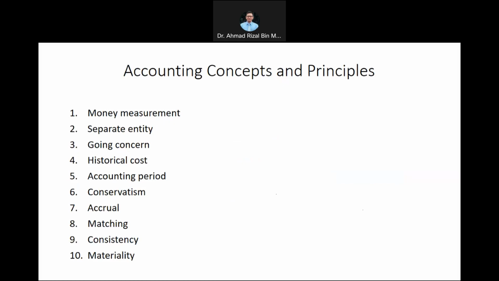Even if you have not collected or received the cash yet, you already recognize the revenue, you already record the revenue as being recorded. So that is the accrual concept. Similarly for expense as well, when it is incurred, even if you have not paid for the expense.